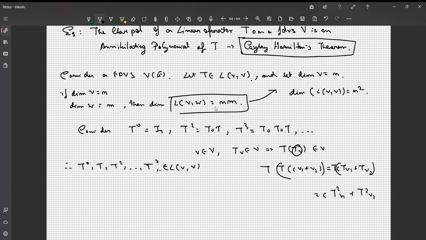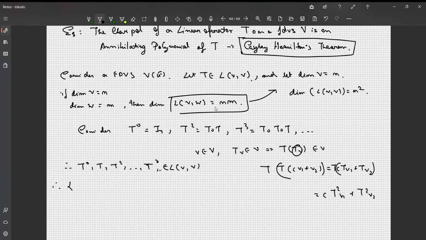Now the dimension of L(V,V) is n squared. So if I consider any collection of elements from L(V,V) with more than n squared elements, then it will obviously be a linearly dependent set, right? Since the dimension is n squared, the maximum number of elements in a linearly independent set must be n squared, by the simple definition of dimension.